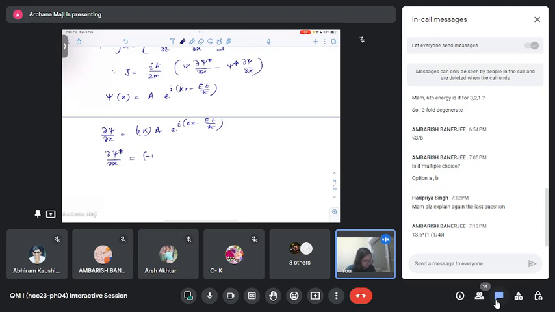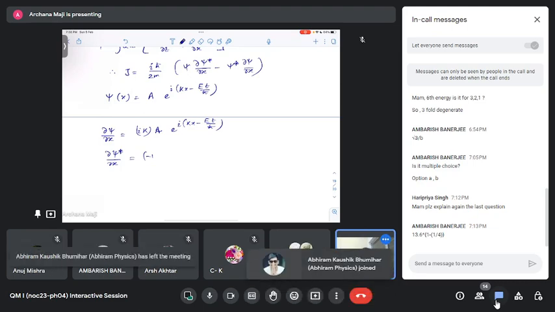For psi, and from del psi star del x we get, as I have written already here, mod of a square. So exponential i kx minus et over h cross, minus psi star exponential minus i kx minus et over h cross, and then del psi del x is ik exponential i kx minus et over h cross.